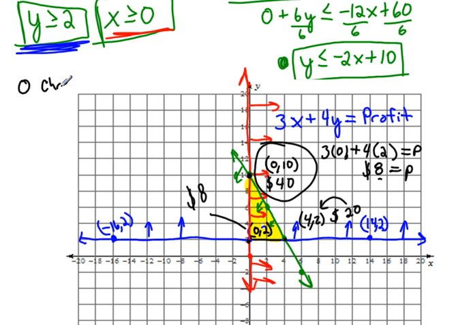0 chocolate and 10 lemon will give the most profit.